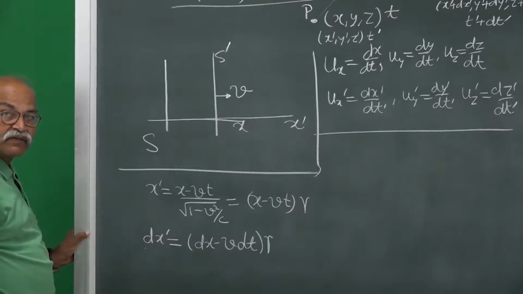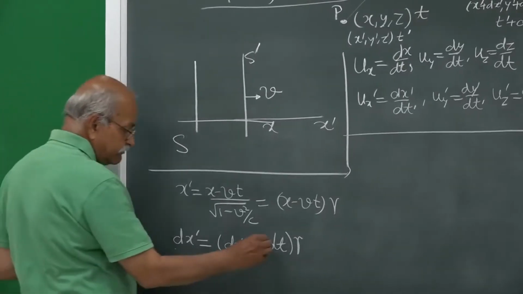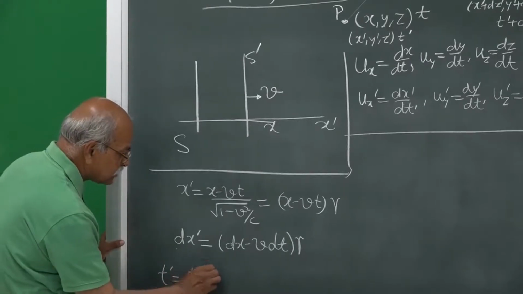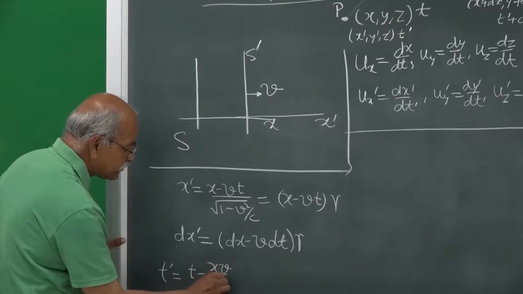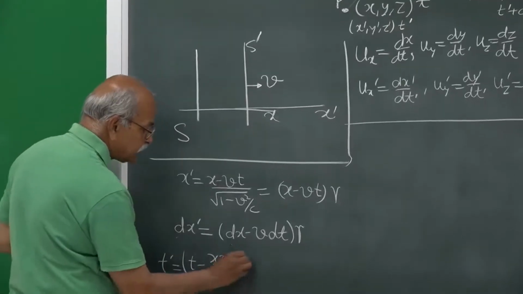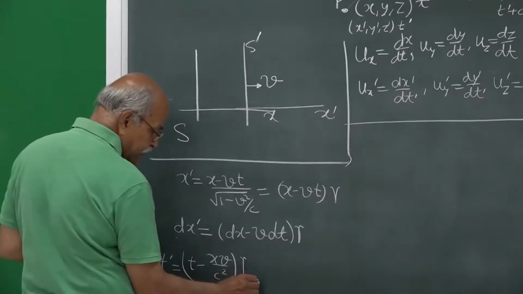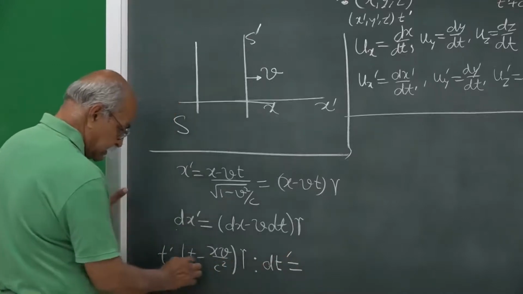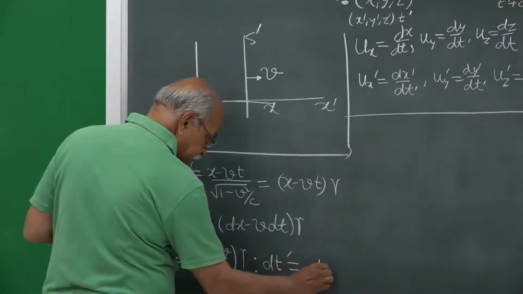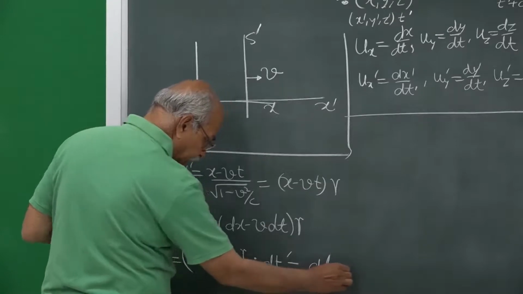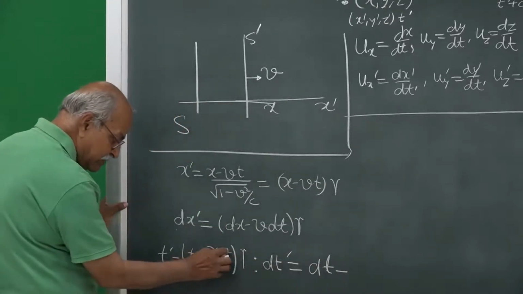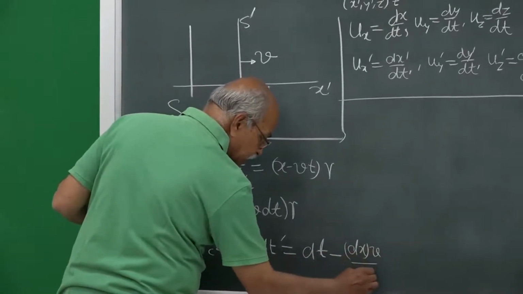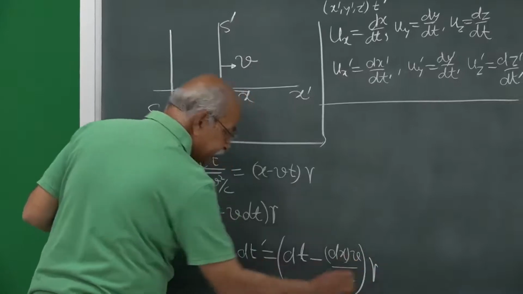Similarly, start for time, you have t prime is equal to t minus x v by c square multiplied by gamma, and therefore, you can write what is dt prime. dt prime will be equal to dt minus dx v by c square, times gamma.